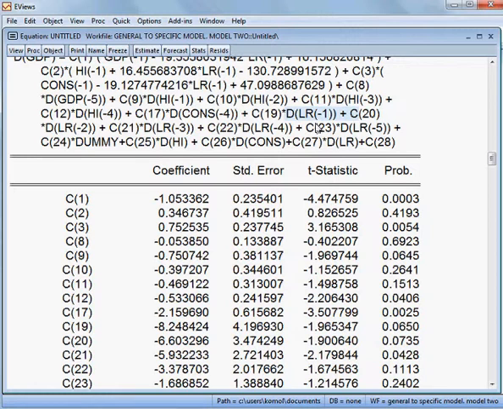The rate and GDP should be negative. That we have seen so far, because what is happening is when the lending rate goes up, then GDP goes down, right? And when the lending rate from the bank goes down, then GDP goes up.